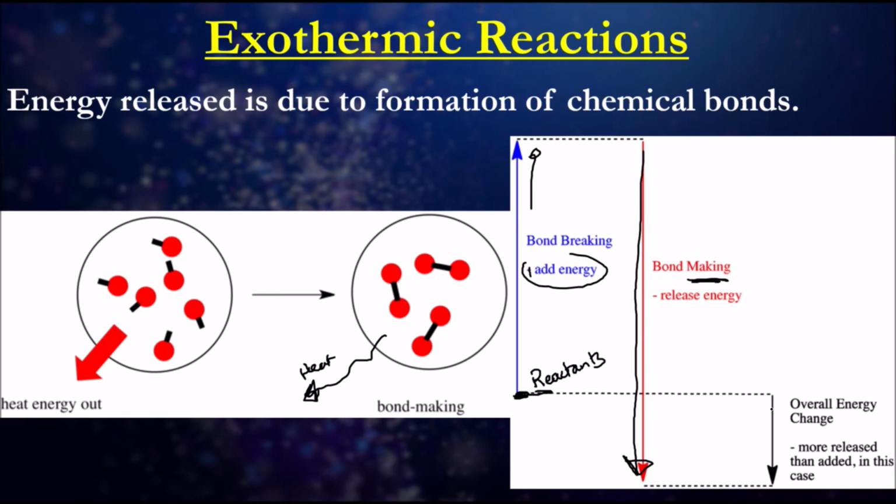In this case, the products, if you see here, have a lower enthalpy than the reactants. Okay, the reason being is because there's an excess amount of energy that got released. This point here, we already said it's the activation energy. Alright, so some energy needed to be given to the reactants in order to break them apart, but more energy was released at the end to give the products, which is also why the products have less energy than the reactants.